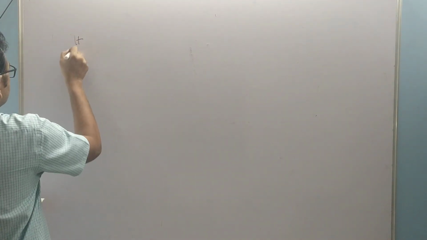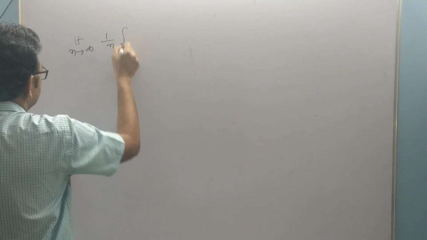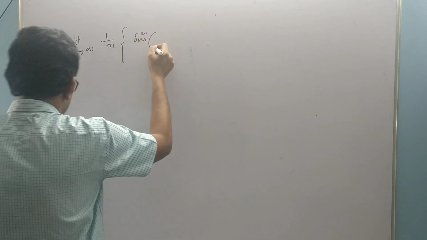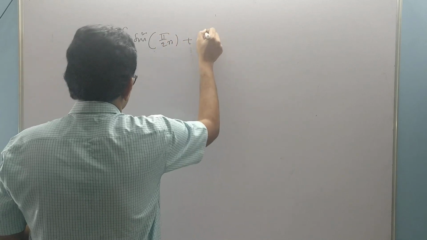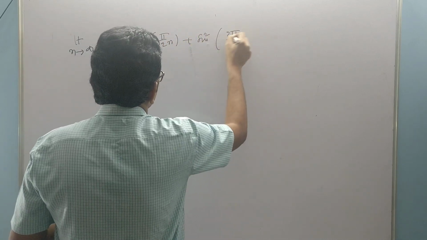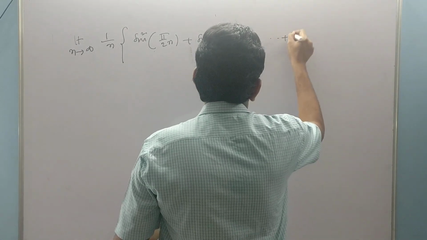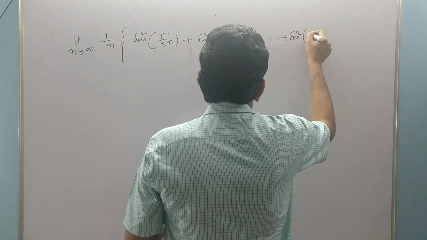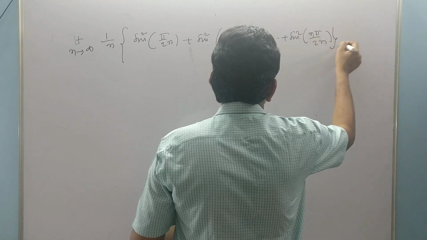Next one: limit of n tends to infinity, 1 by n into sin square pi by 2n plus sin square 2 pi by 2n plus and so on, sin square n pi by 2n.